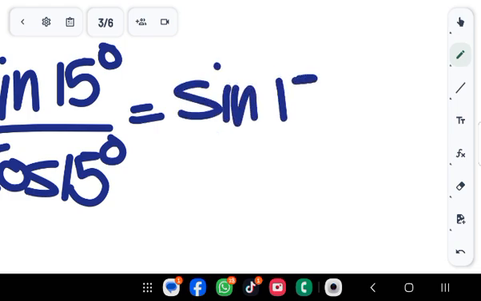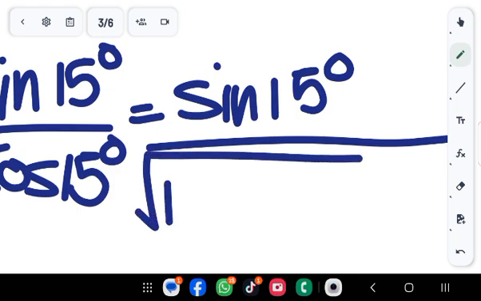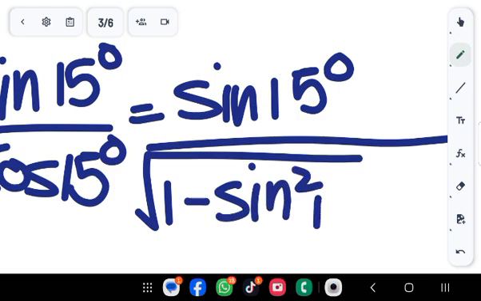sine of 15 degrees over the square root of 1 minus sine squared 15 degrees.